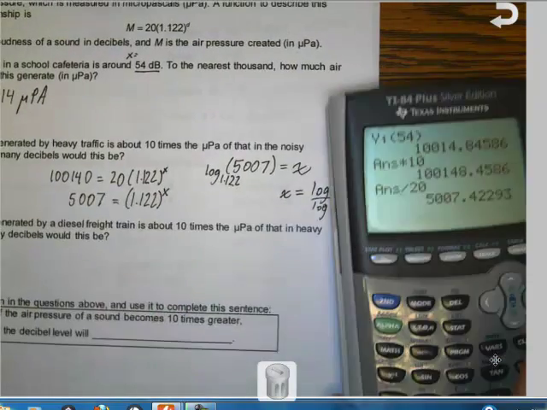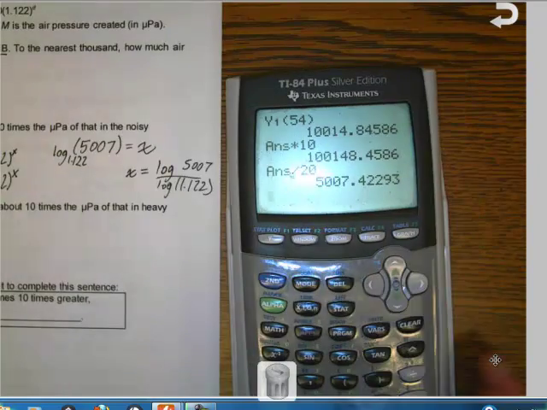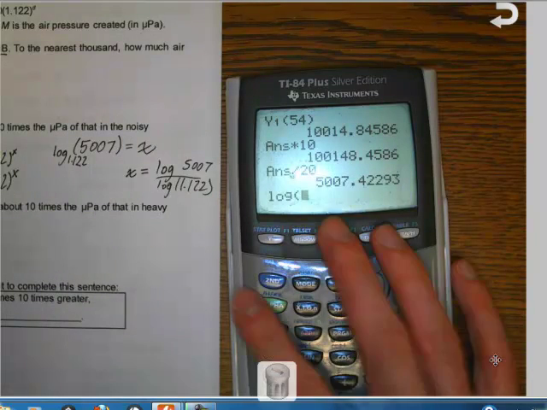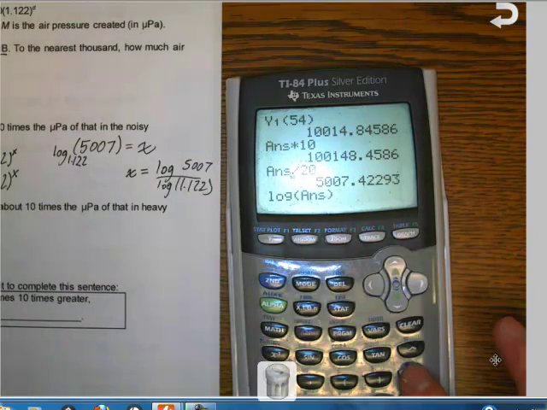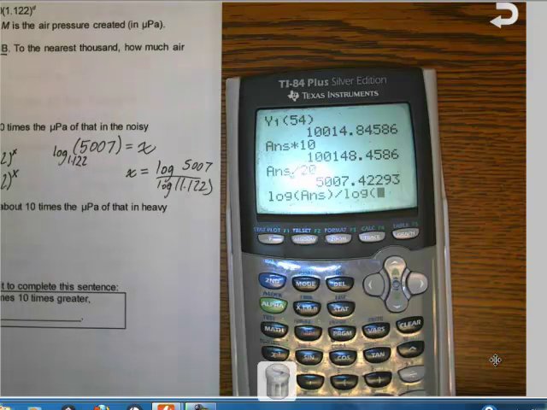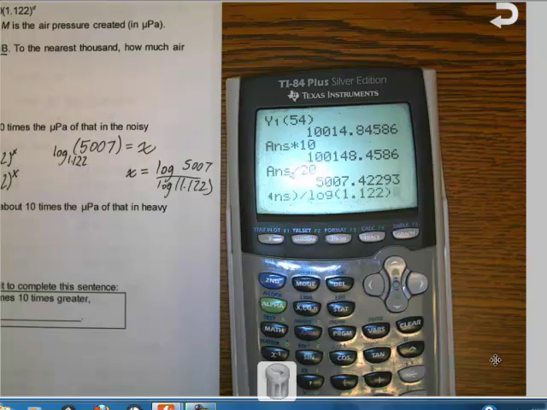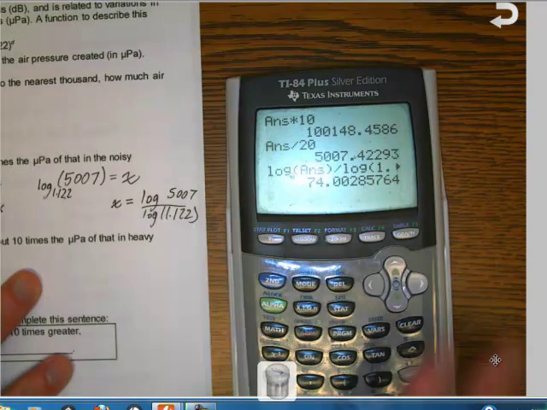So I'm going to take the common log of my previous answer and divide it by the common log of 1.122. And so x is equal to 74.